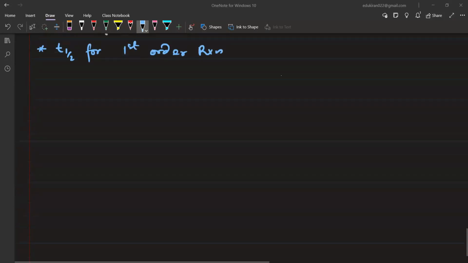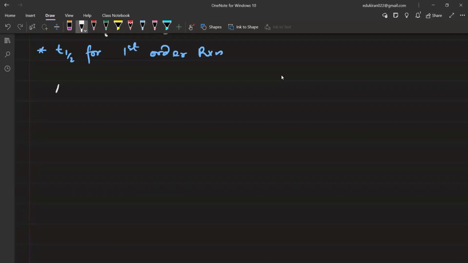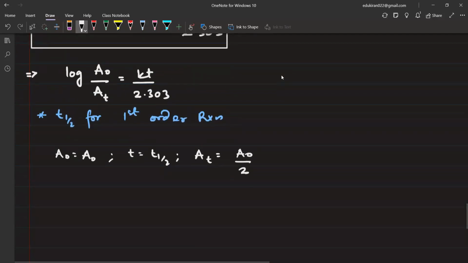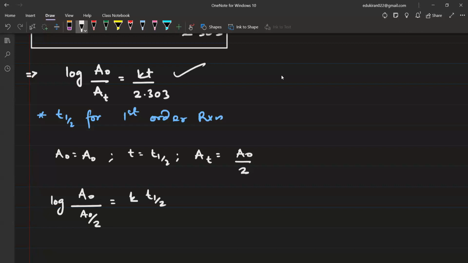So for T half, A naught is the initial concentration, same. T will be equal to T half. And concentration at time T will be half, so it will be A naught by 2. Now, we can write it like this. Please see this expression. Log of A naught divided by A naught by 2 will be equal to K, T is T half, upon 2.303.